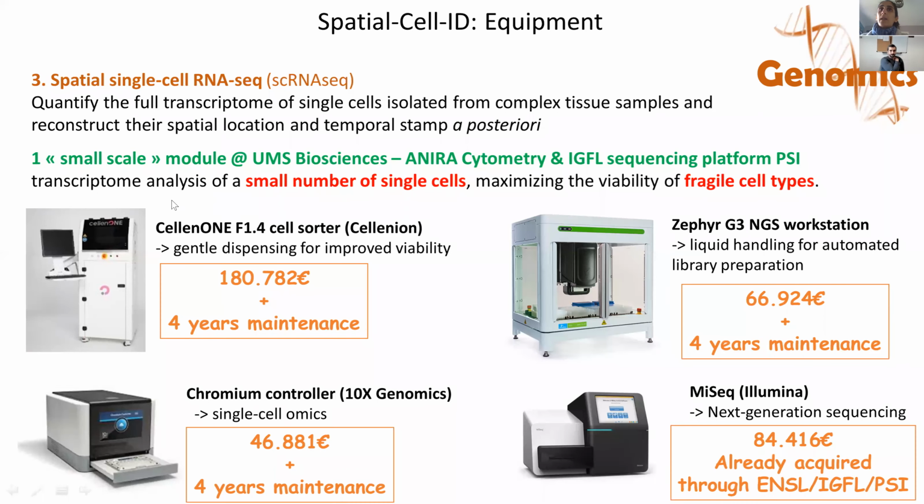So here the idea is rather to do transcriptome analysis of a smaller number of cells, but trying to really maximize their viability, maybe for cell types that would be a bit more fragile, for example. So here we will also have a FACS sorter, but a different one this time. The idea is to have a FACS sorter that would be maybe more tailored for single cell analysis, that could do more gentle dispensing to improve viability.